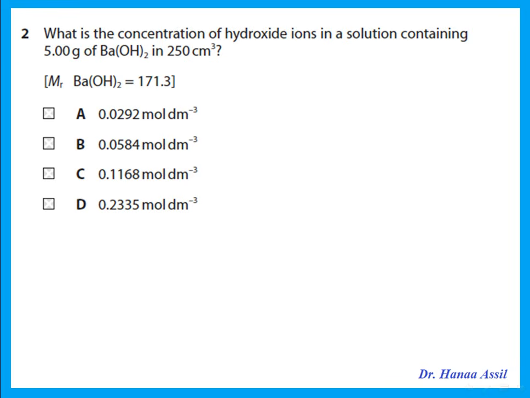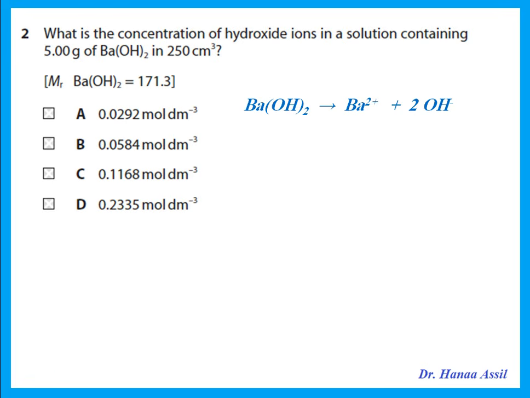The second question says, what is the concentration of hydroxide ions in a solution containing 5 grams of barium hydroxide in 250 centimeter cubed? Okay, first of all, you should realize that barium hydroxide, when I dissolve it in water, will give barium ions and hydroxide ions.